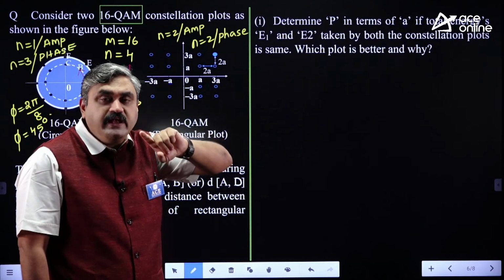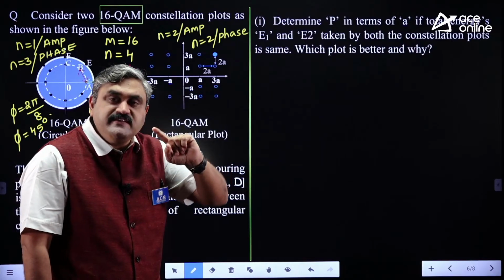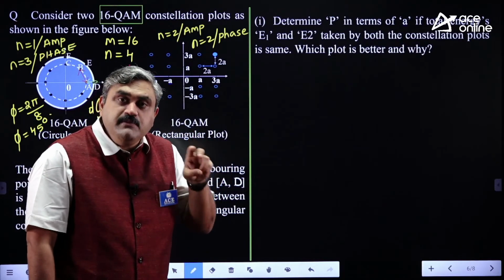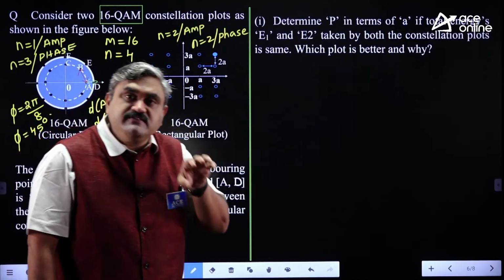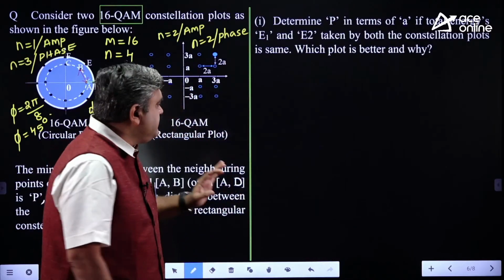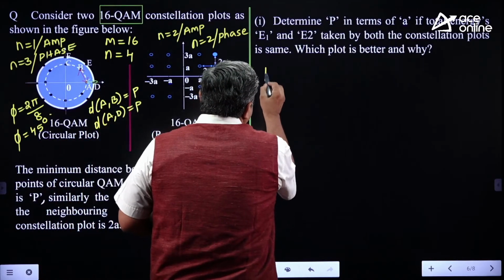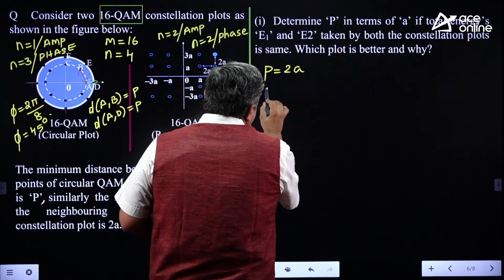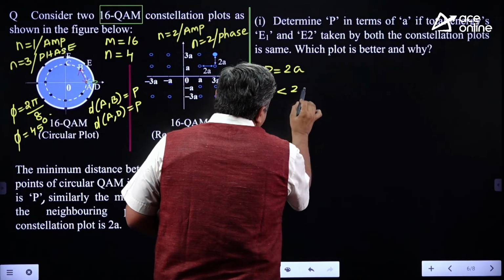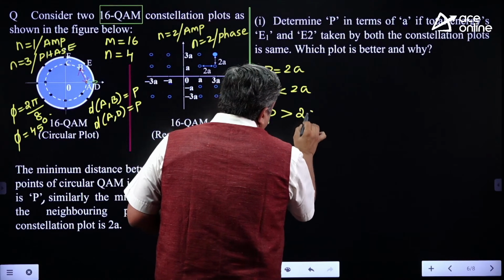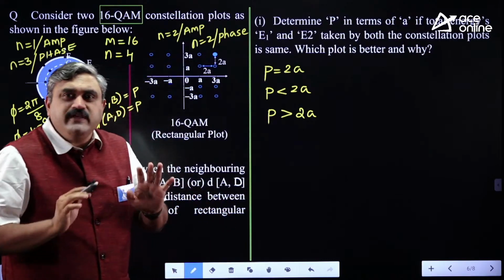You are comparing the d minimum of a 16 QAM with a circular constellation plot with the d minimum of a 16 QAM with a rectangular constellation plot. That means we have to check whether this P is equal to 2A, or whether this P is less than 2A, or whether this P is greater than 2A. Correct or not?